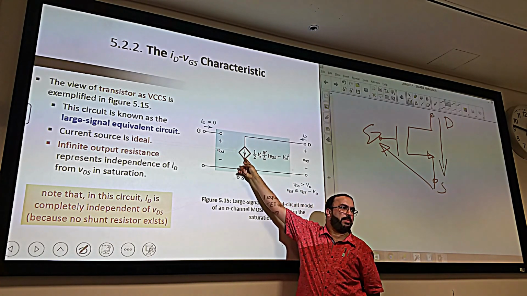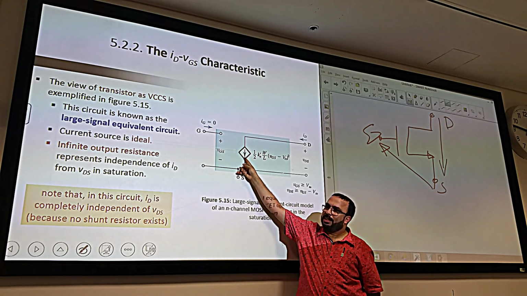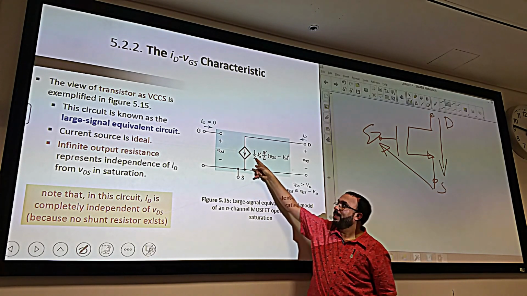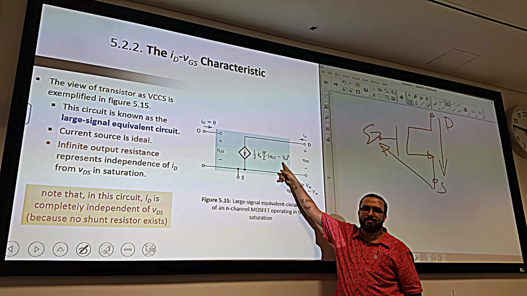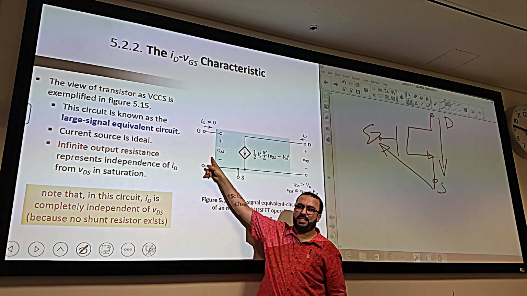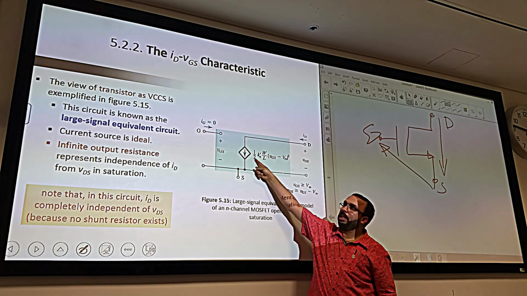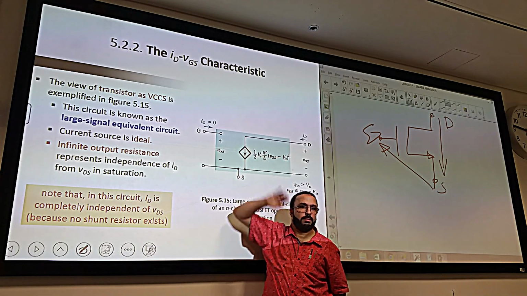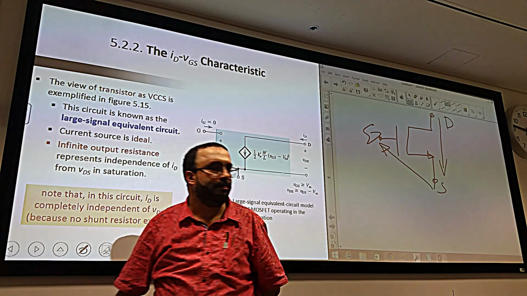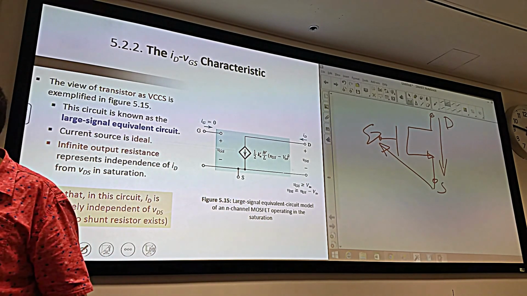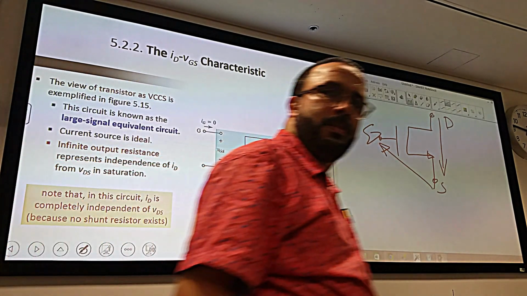And this symbol is the symbol of what? Current source. The current source is equal to this voltage minus VT, squared, multiplied by the rest. You get this current. Done. Clear? Yes or no? That's it.